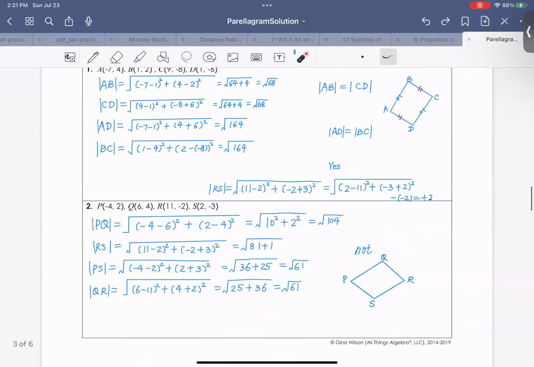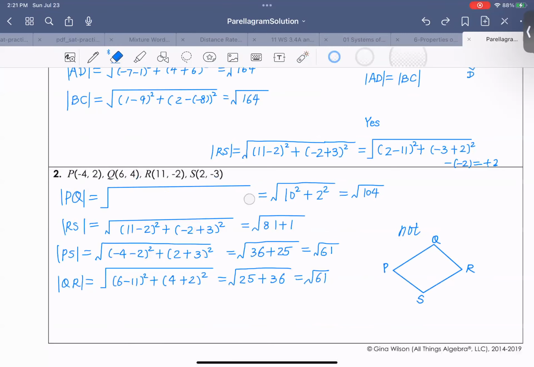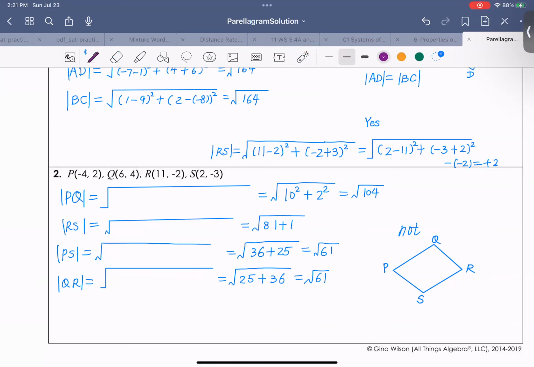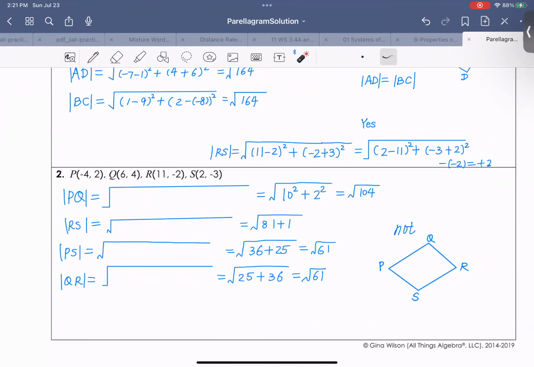That's the one. Number two, we are still going to use the same idea to do the distance to check if the distance is equal for the opposite sides. All right. Next one, let's call Sophie. Let's try this one.